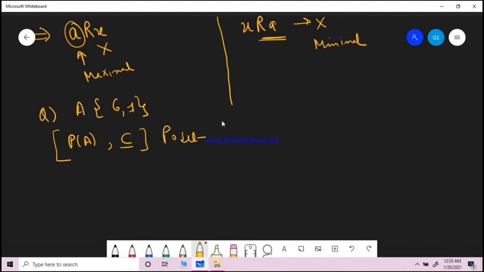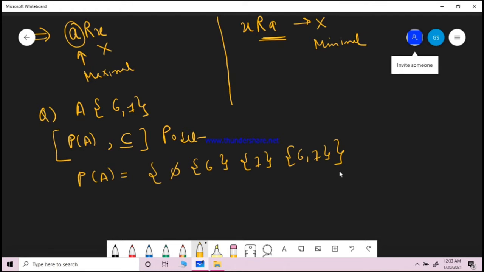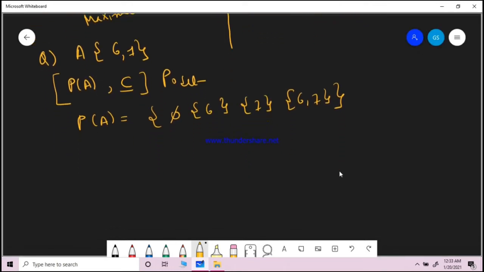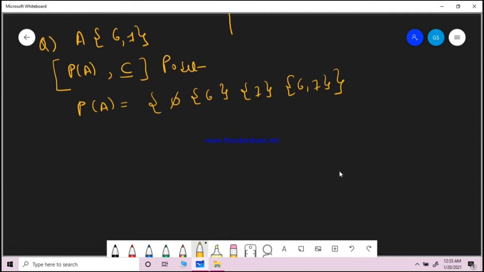Let's solve this. First of all, you have to calculate the power set of A. You know that the first element will be the empty set, the second element will be 6, then 7, and then 6 comma 7. So this is the power set. Now you have to draw a Hasse diagram, and then find the minimal and maximal elements.